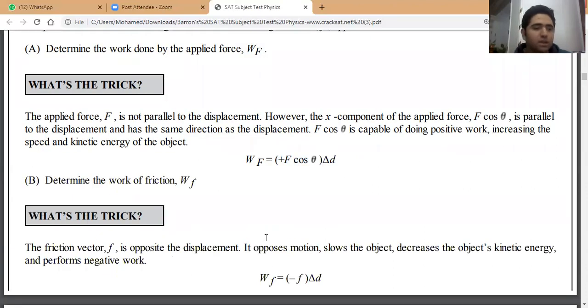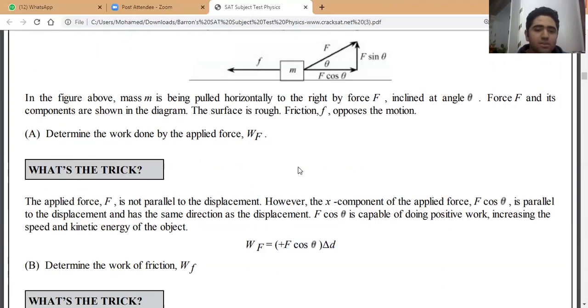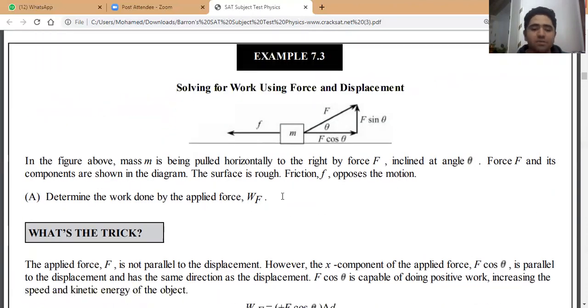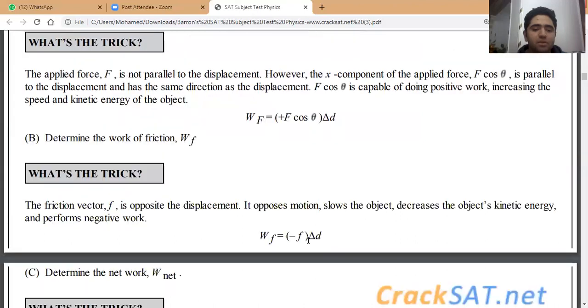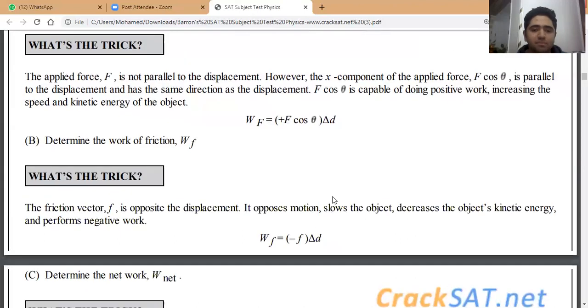But then we need the work done by the friction. Here we have a problem, because the friction is a force in the opposite direction of motion. It's in this way, so we're going to put a negative sign. So we have negative f multiplied by delta d.